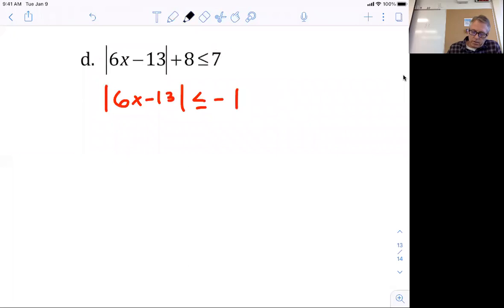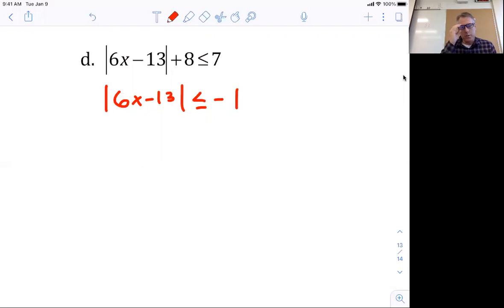Because this problem is stating that we want this stuff to have a distance less than or equal to -1. But remember, we said distances are always positive. You can't have a distance less than or equal to -1.